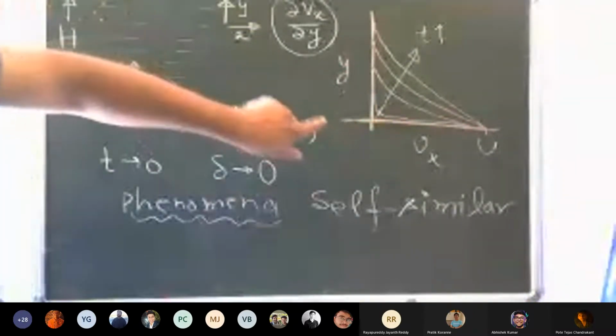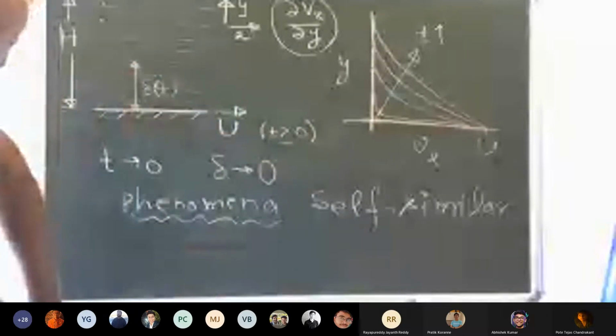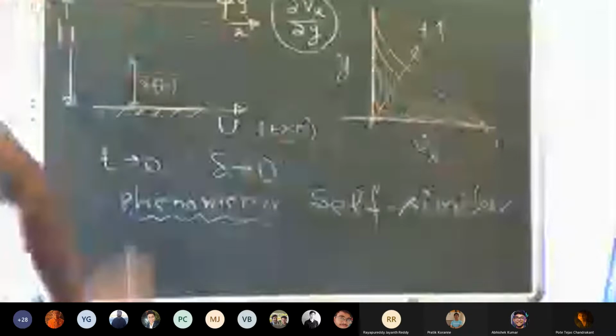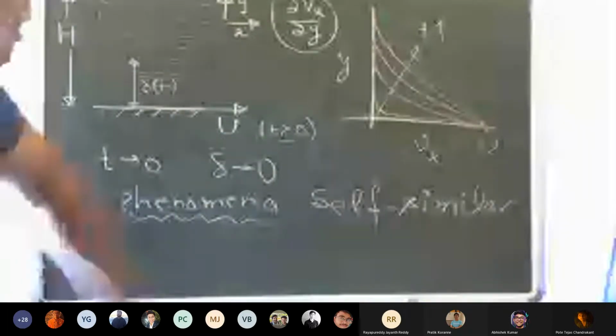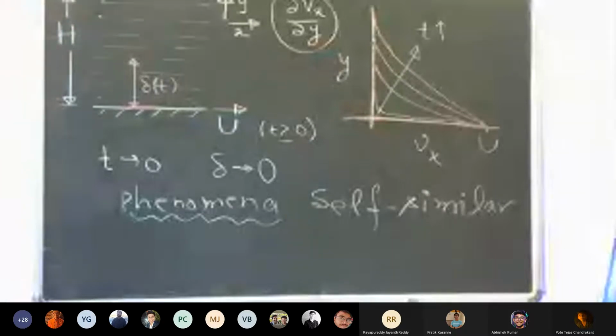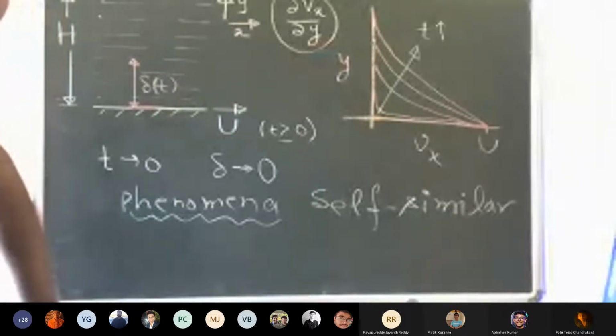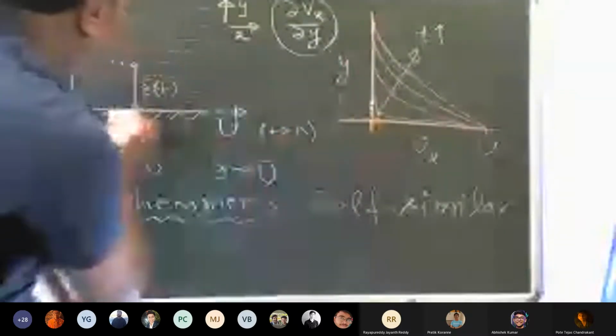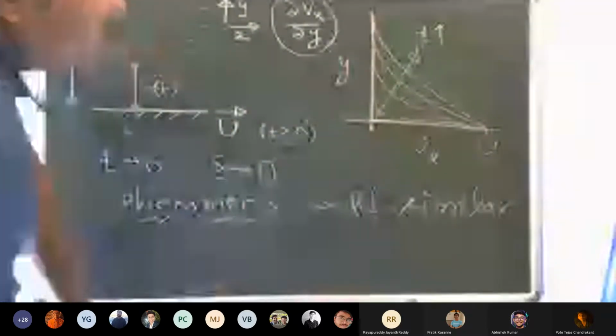If you are not clear with the plot, let me explain it. On the x-axis, we have Vx, the velocity in the x direction, whose maximum value is u, and this is the height, the y direction. Consider very close to the wall at lower y.